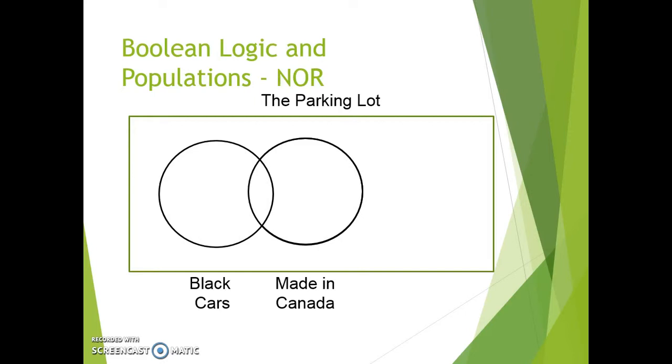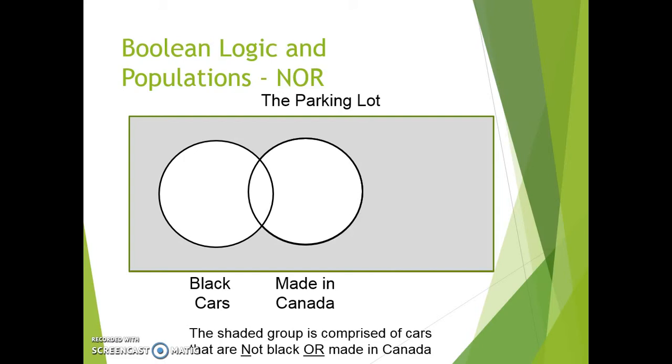But then we can look at a different case. We can look at a NOR designation. We can look at this whichever way we want to, but the way I like to look at it, I call this "not or." So we're looking for the cars that are not black or made in Canada.